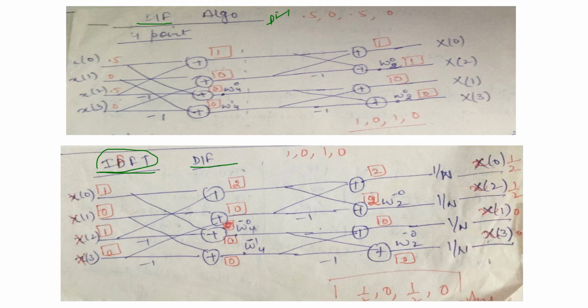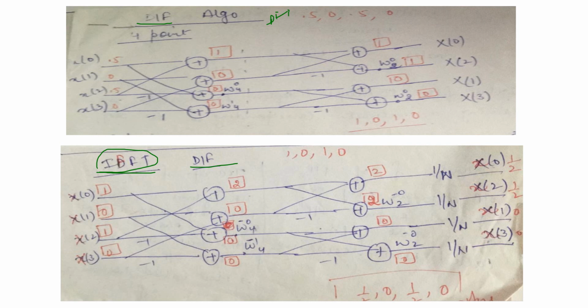As we know, in case of 4-point DIT, the difference between the simple DFT algorithm and the IDFT algorithm was, you have to multiply the butterfly diagram with 1 by N. At the input you can multiply or at the output you can multiply. And the second difference is, you have to change the sign of the twiddle factor. Clear? If it is W14, then you write here W minus 14. There are only two differences.